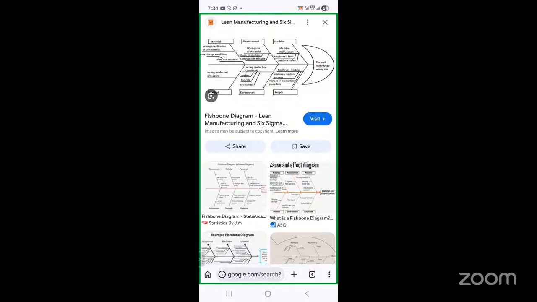Okay, now we can think about the method. Anything related to the method for this burn injury? SOP was not followed.